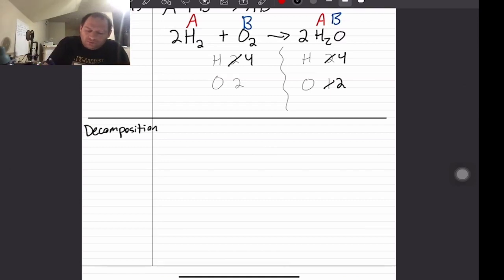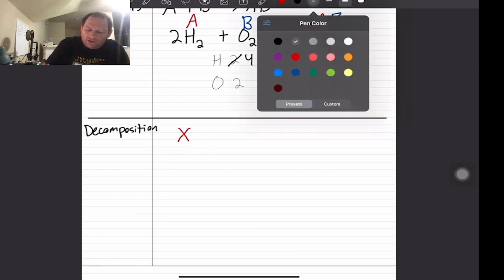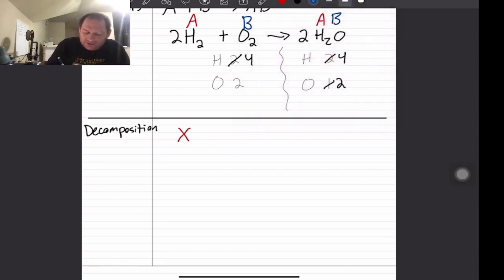Okay. I'm going to use different letters for this, just so you don't get confused with the A plus B kind of thing. So I'm going to use X and Y. I could use A, B, but I just don't want to confuse anybody. Oh, I messed up.